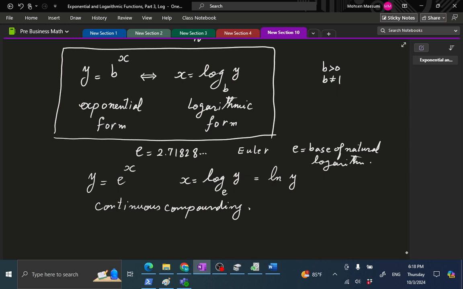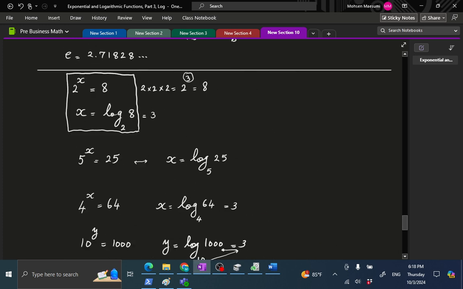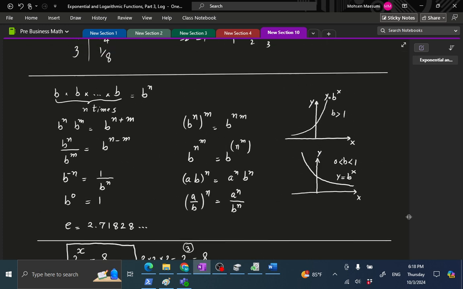Okay, imagine what we're going to do. We had these rules of exponents here, really. These are everything about the exponents. Well, since logarithms and exponents are mirror images of each other, they're inverses of each other, every rule that you have here is going to correspond to some rule about the logarithm.